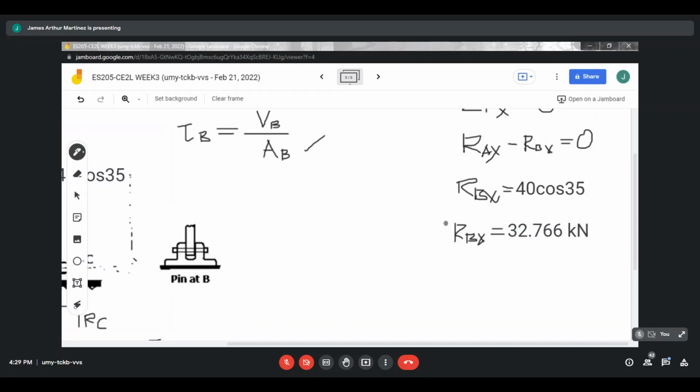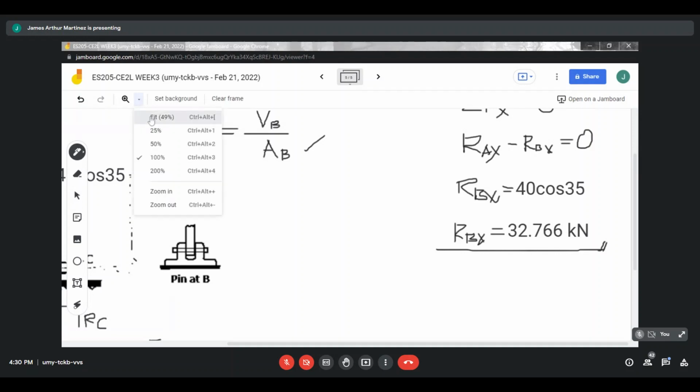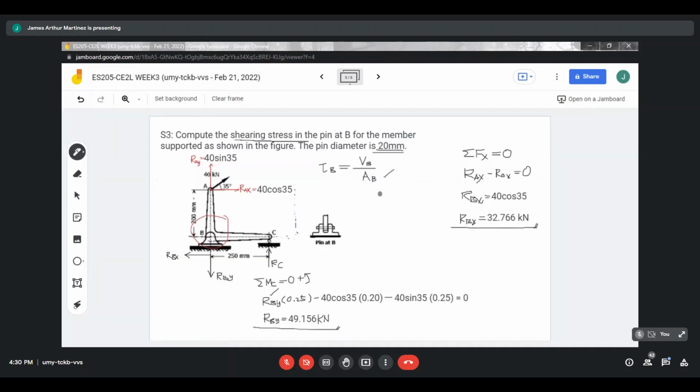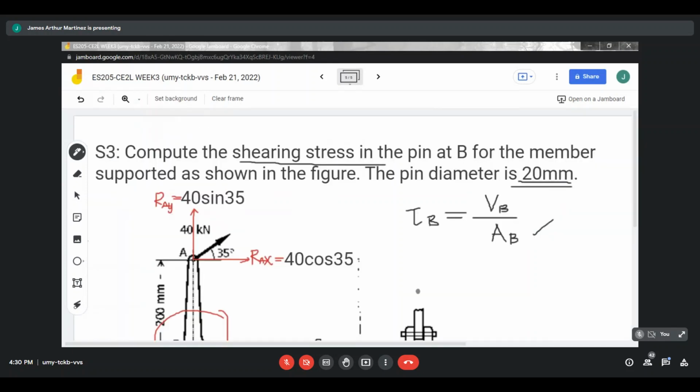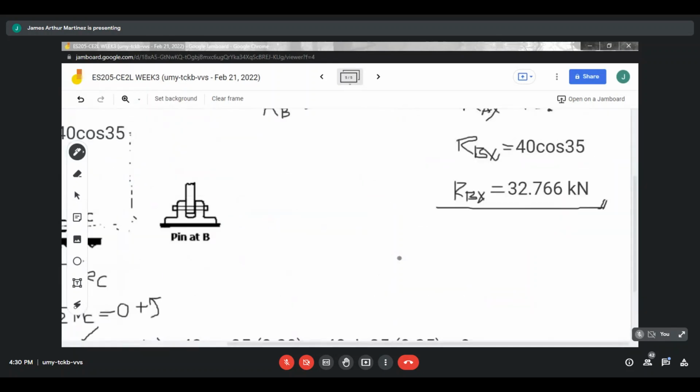Okay. Therefore, this is not the final answer, so we will just underline it, so that you don't need many boxes in our solution. Therefore, the total force acting on point B, or pin B, is just the magnitude of your resultant of the components.